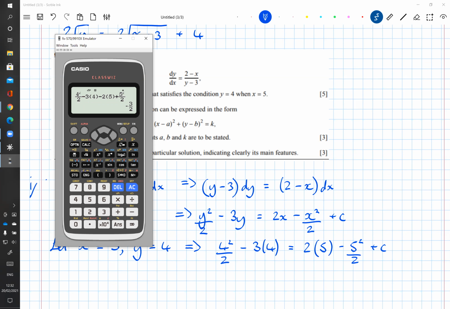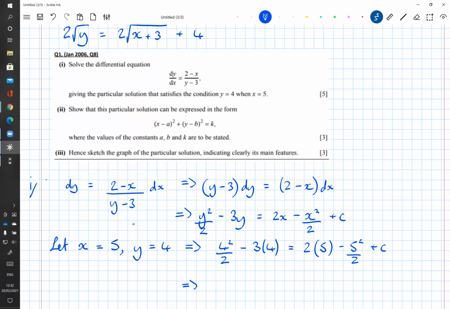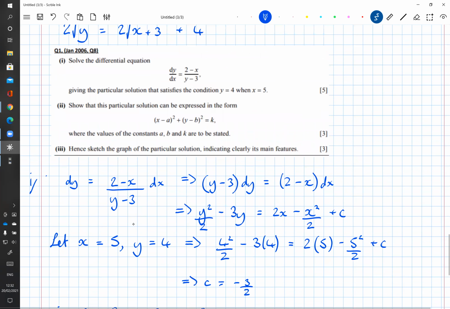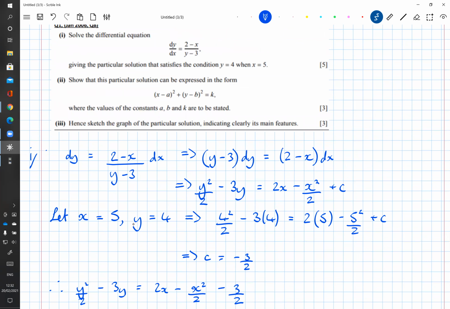Minus 3 over 2 is C. Therefore, concluding, we've got y squared over 2 minus 3y equals 2x minus x squared over 2 plus, or rather, take 3 over 2, like that. And that's good enough to get the marks. It's only asked us to solve the equation, not solve it for a particular variable.